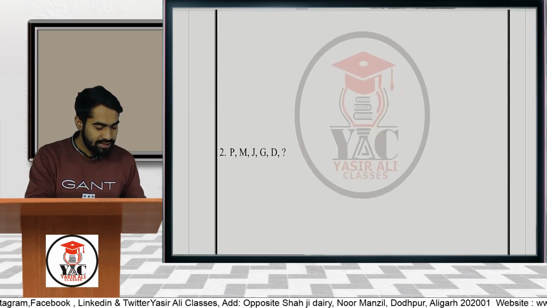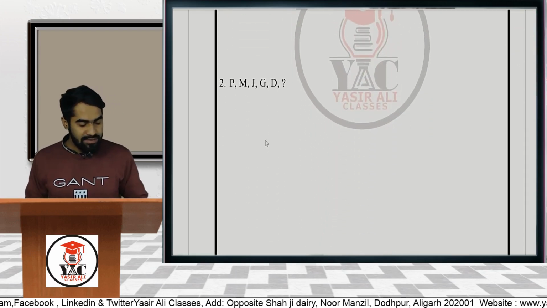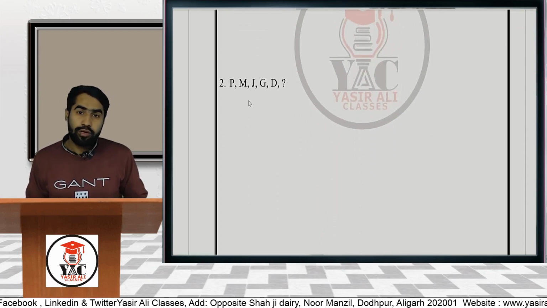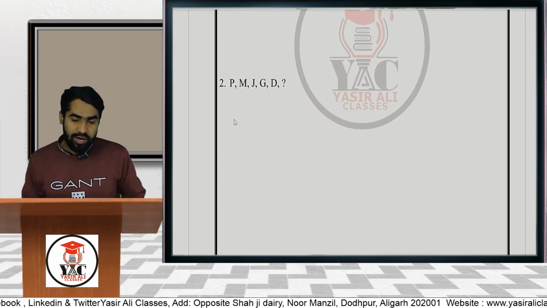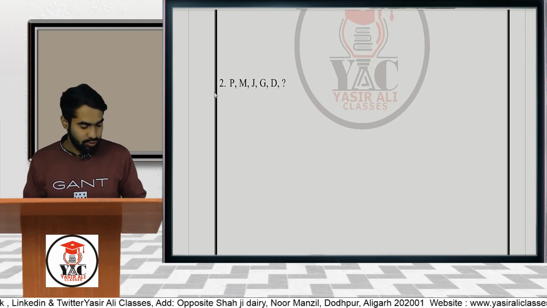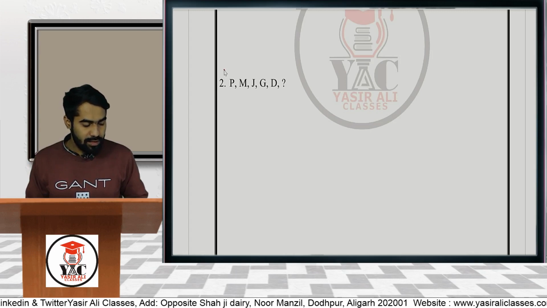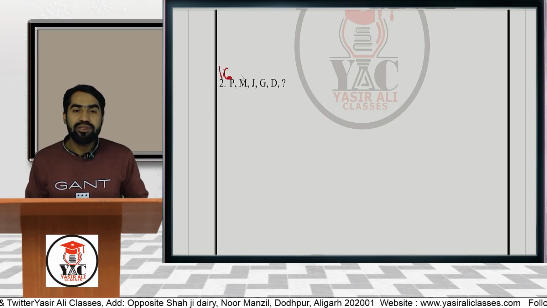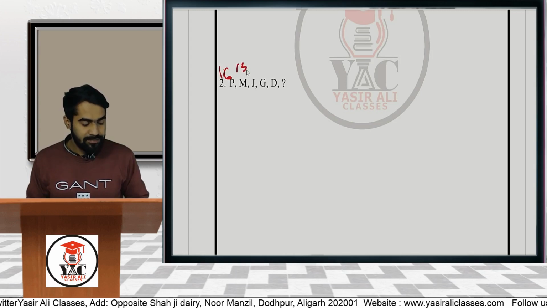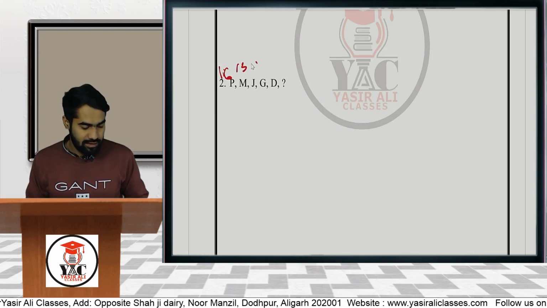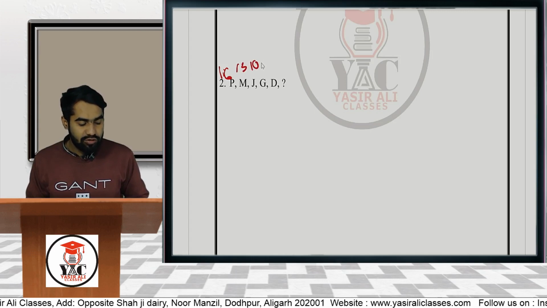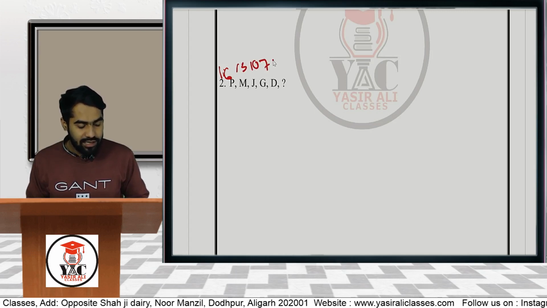Now coming to the second question, P, M, J, G, D. Again, we have to put their ranks, positions. P is on 16, M is on 13, J is on 10, G is on 7 and D is on 4.